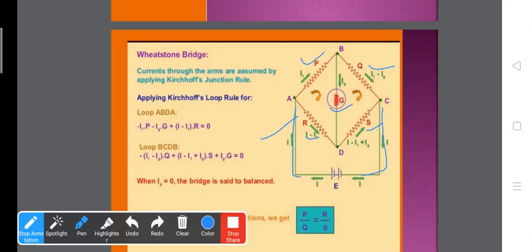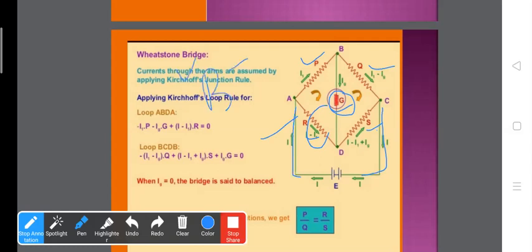So if the key is closed and the value of resistance R is adjusted so that the galvanometer shows no deflection, clear? The galvanometer does not show any deflection. That means there is no current flowing through the arm BD. So the potential at point B and point D will be the same.